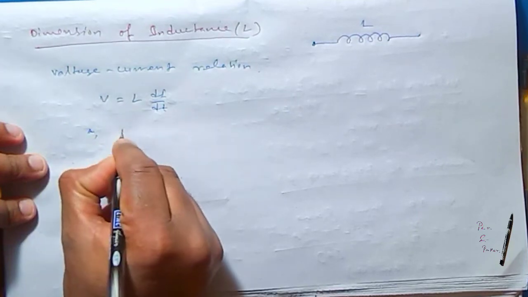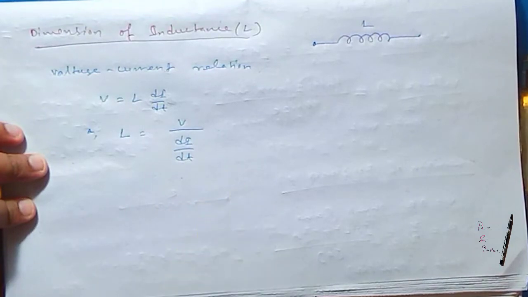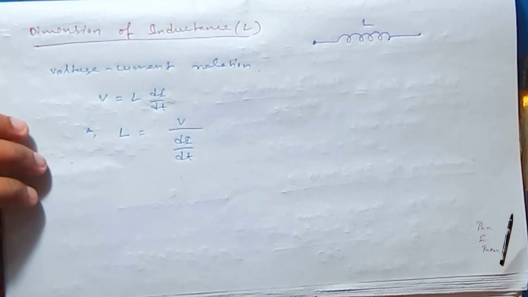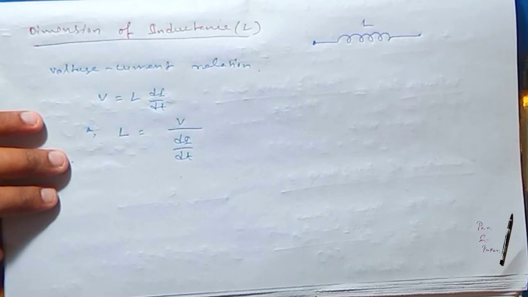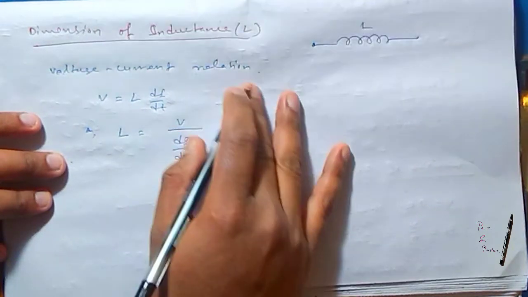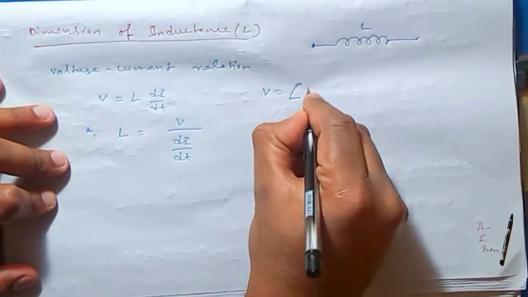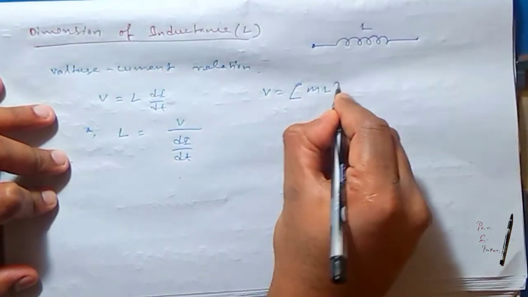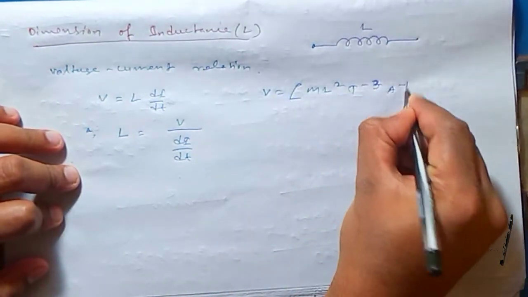We already know the dimension of voltage: M L square T inverse 3 A inverse 1.